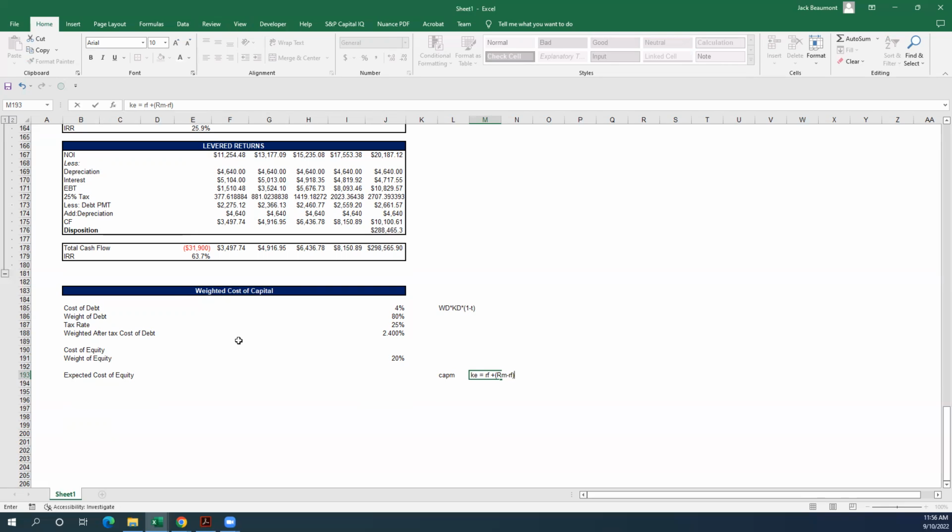There's a very important reason for this: the risk that you take correlates with the return. So you're going to want a higher return for more risk. And that makes sense.